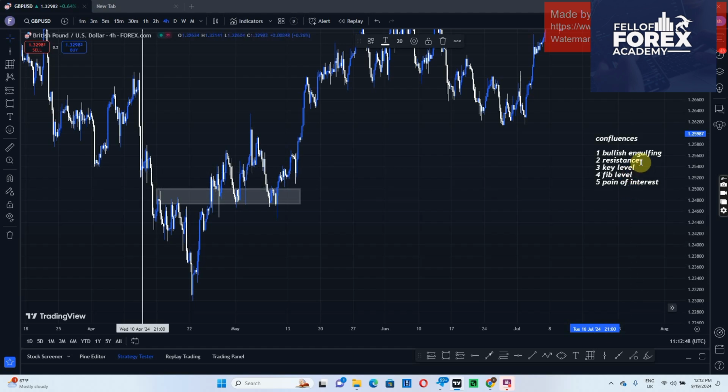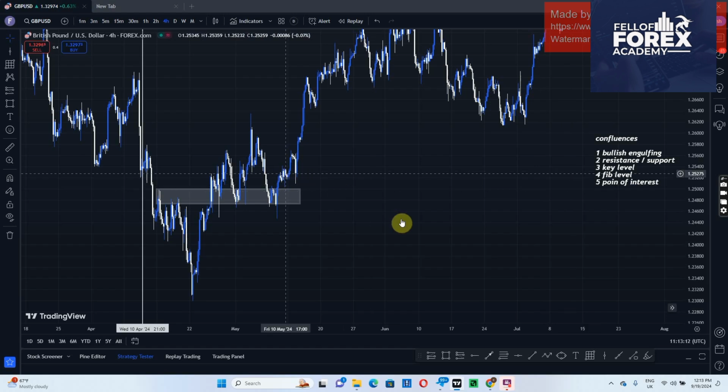We have support or resistance. Okay, so we shouldn't be looking only for resistance, because in a bullish market we are waiting for a support. So if it's a bearish market, we'll be looking for resistance. All right, so we'll use what we can easily identify.